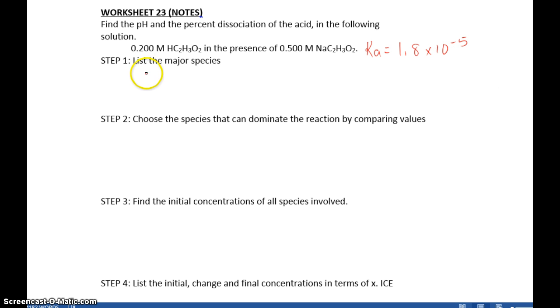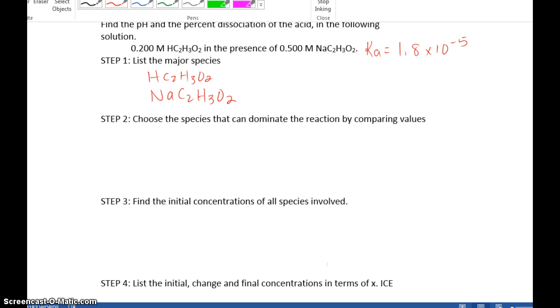So my major species now are HC2H3O2, and I have this NaC2H3O2. So notice there's always going to be parts that are similar. And I'll actually go ahead and get my highlighter out.